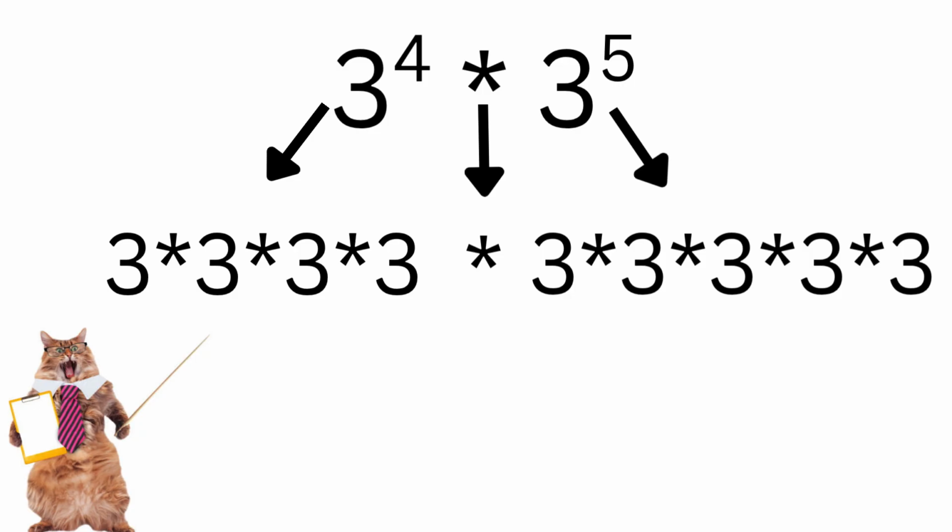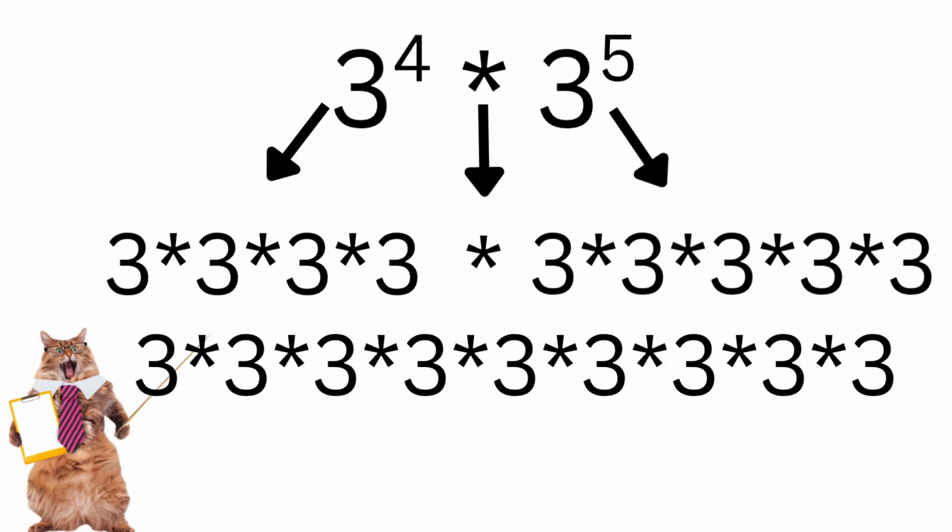So now our entire expression looks like 3 times 3 times 3 times 3 times 3 times 3 times 3 times 3 times 3, which is 3 multiplied by itself 9 whole times. Thus, 3 to the power of 4 times 3 to the power of 5 equals 3 to the power of 9. This idea can be expressed as a rule.